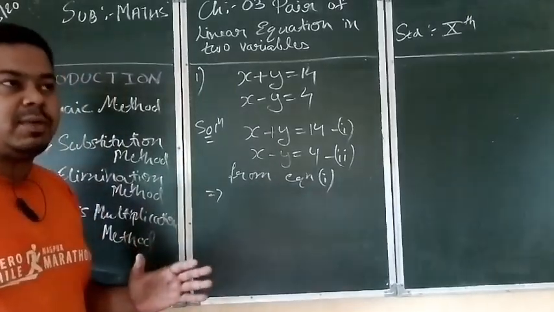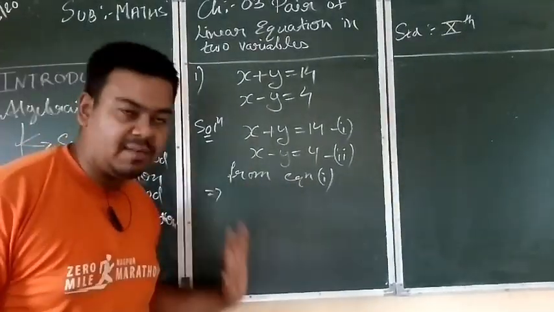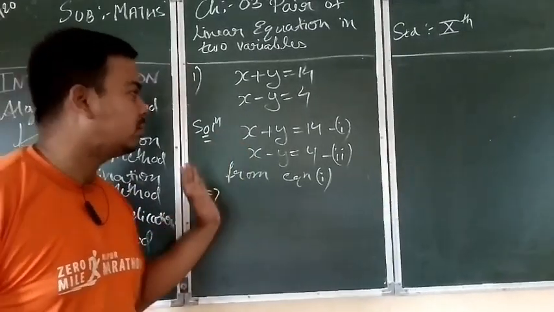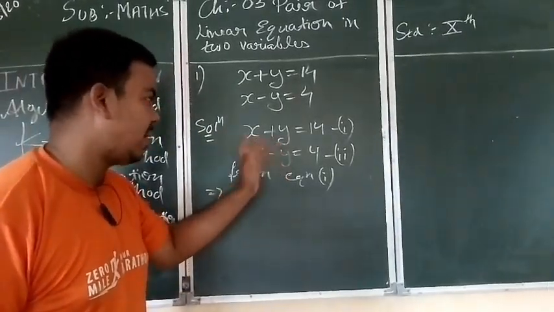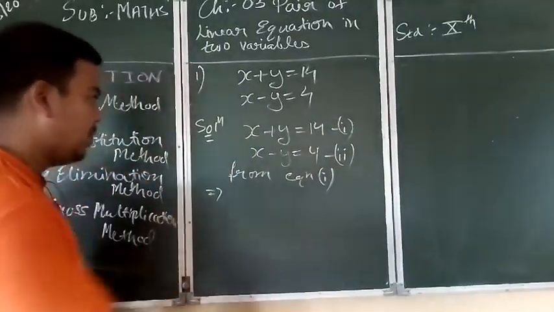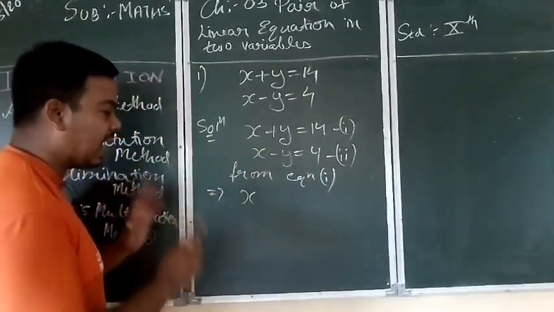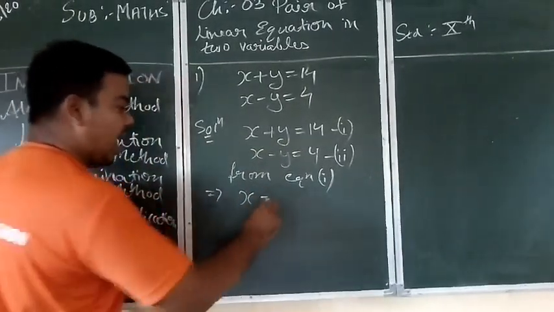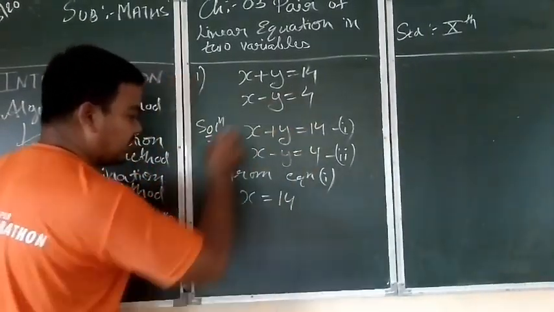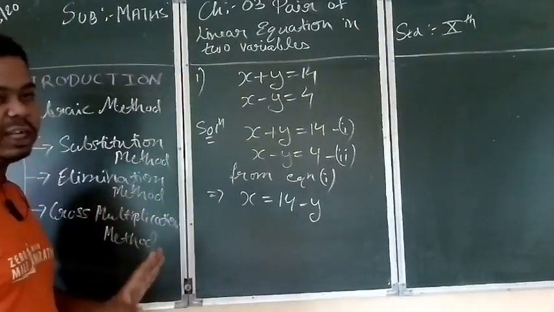Substitution means on the left side we keep only one variable, and the other variable we move to the right side. Means x plus y equal to 14, we keep only x on the left side, and y moves to the other side as minus y. So x equal to 14 minus y.